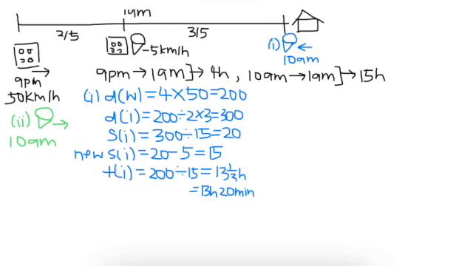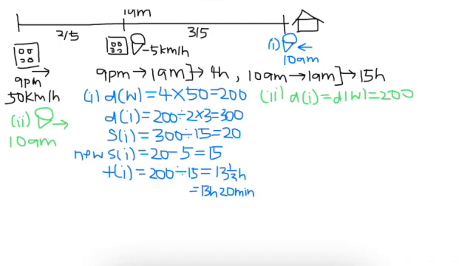Then the next part. If we assume that the ice cream travels in the same direction, what will change? The first part that will change is that the distance of I will be equal to the distance of W, which is 200.